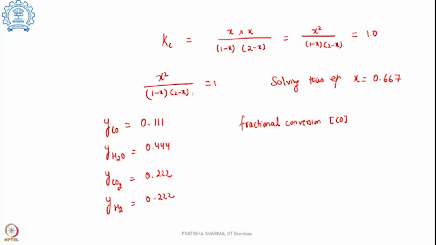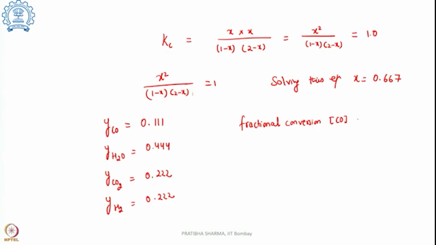We know that the fractional conversion is the number of moles fed minus the number of moles corresponding to the stoichiometric amount, divided by the number of moles fed. At equilibrium, the number of moles of CO is 1 minus x.